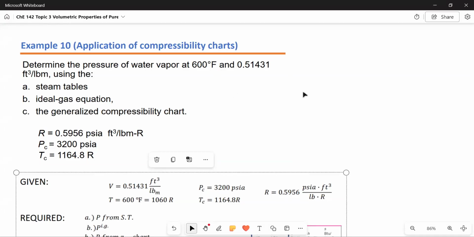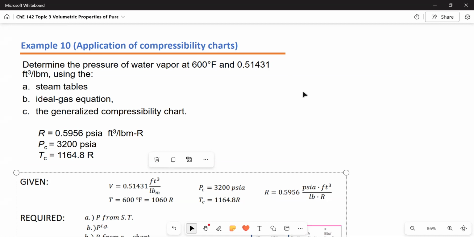More of compressibility charts. For example 10, we are asked to determine the pressure of water vapor at 600 degrees Fahrenheit and 0.51431 feet cube per pound mass. So that's the specific volume.